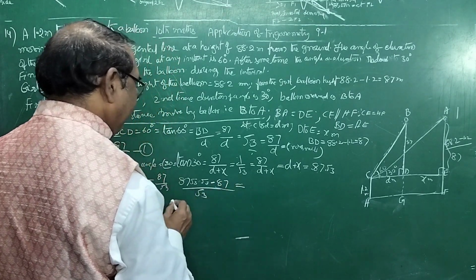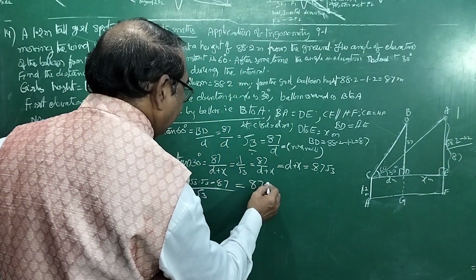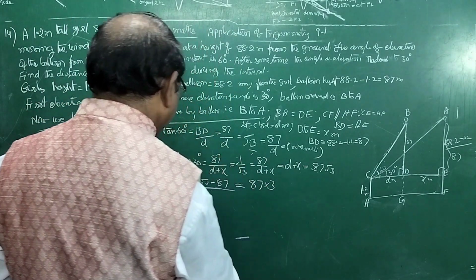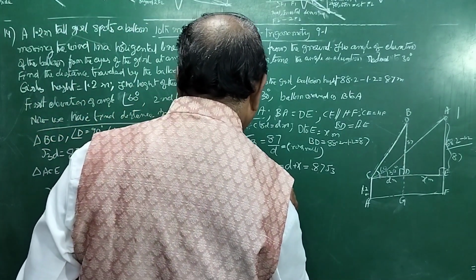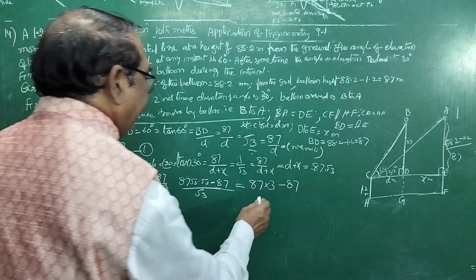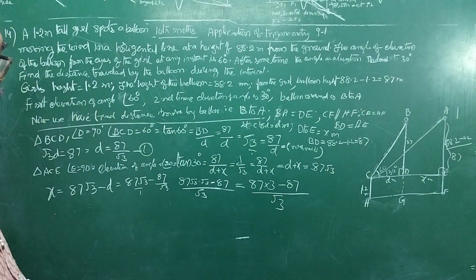Let us write once again. 87, root 3 into root 3, 3 minus 87, by root 3. What is 87 into 87?